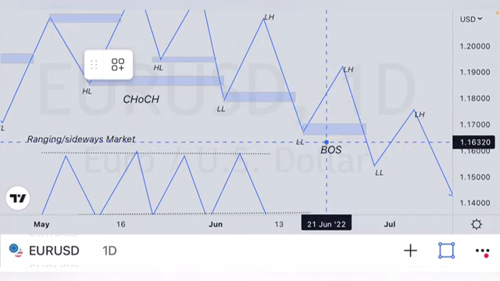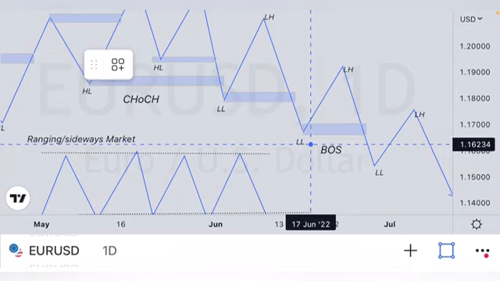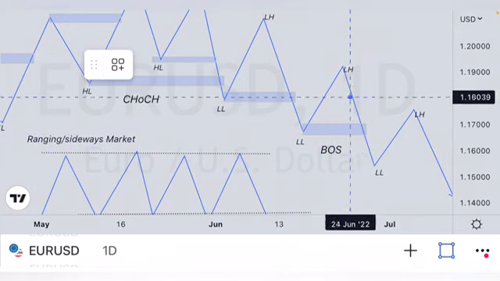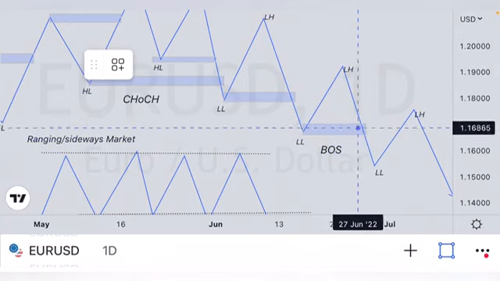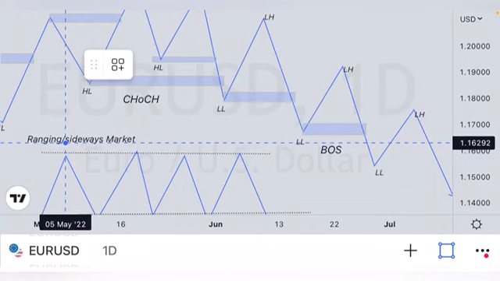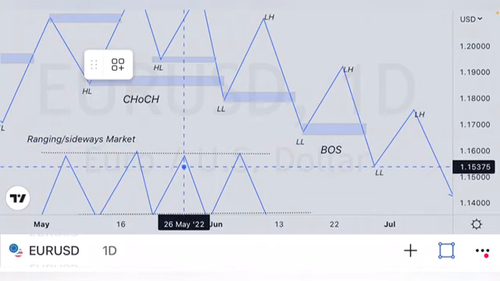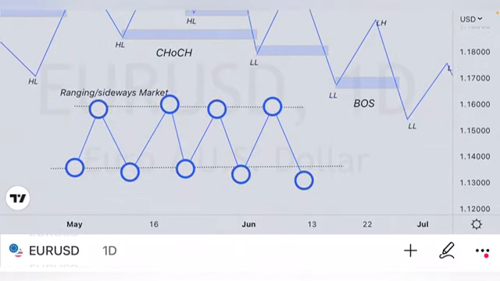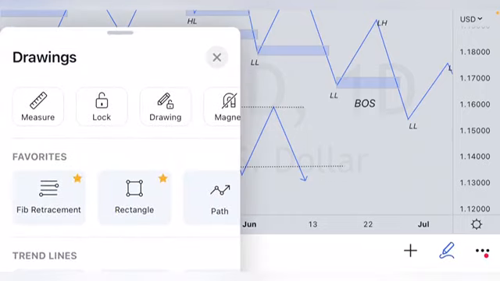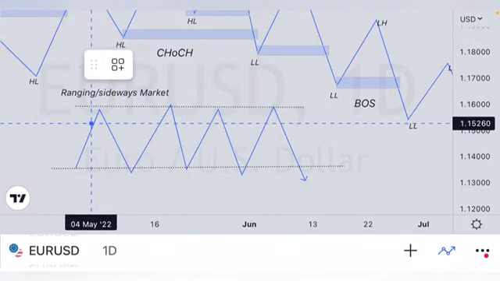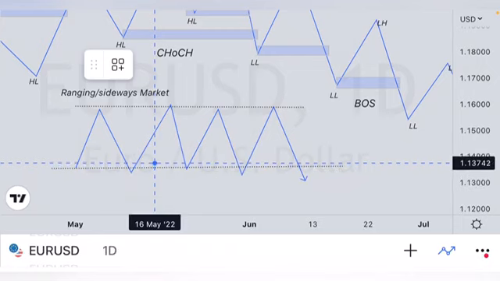So that is it for this video. The next one I'm going to give you guys is the ranging market. This drawing is what is called a sideways market. It doesn't move anywhere.